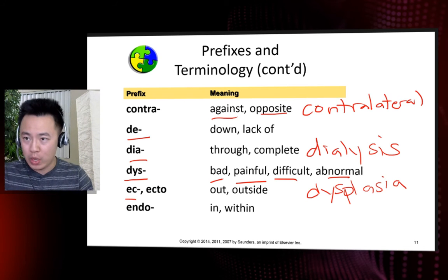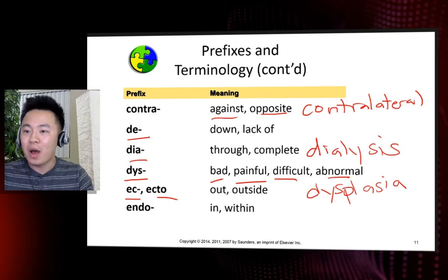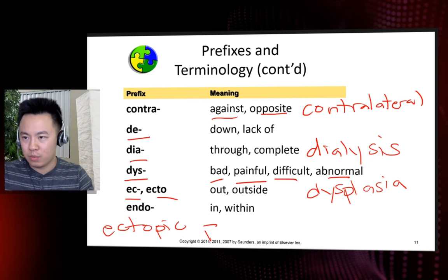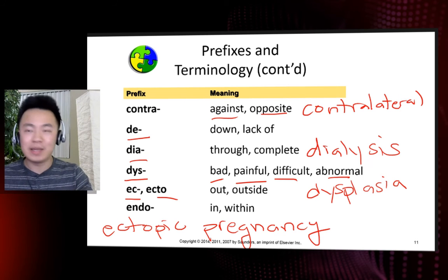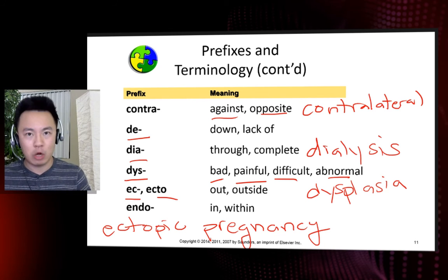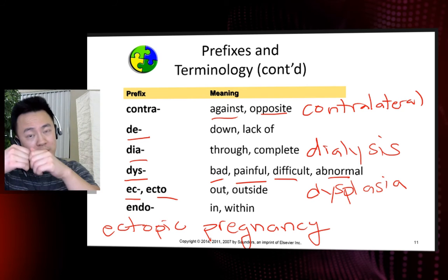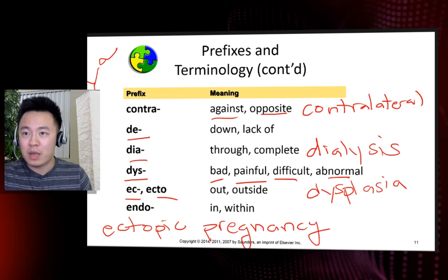Or ecto, which means out or outside. For example, an ectopic pregnancy. An ectopic pregnancy is a pregnancy that is out of place. For example, in pregnancy, a fertilized zygote forms from the fusion of a sperm and egg coming together. When the egg cell and the sperm cell come together, they make a new ball of cells known as a zygote.